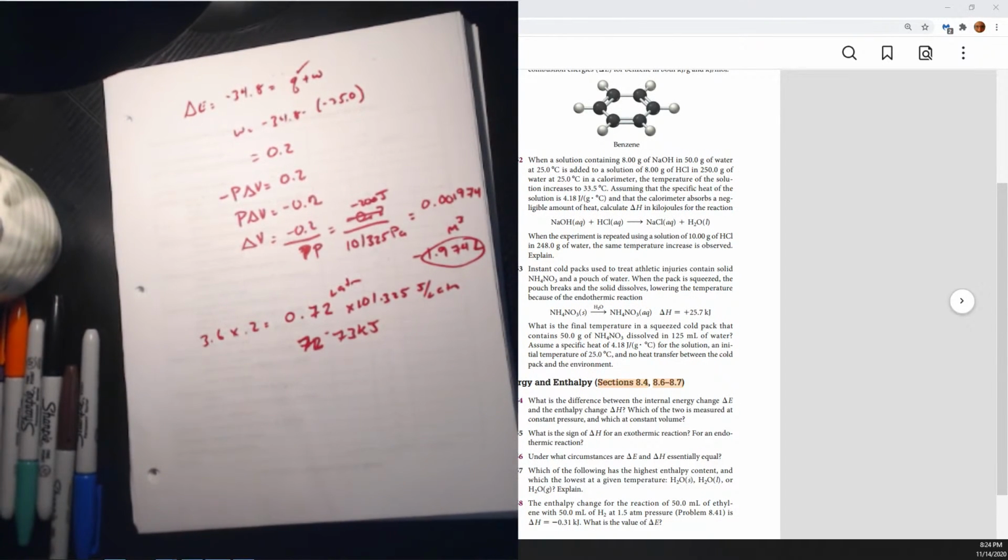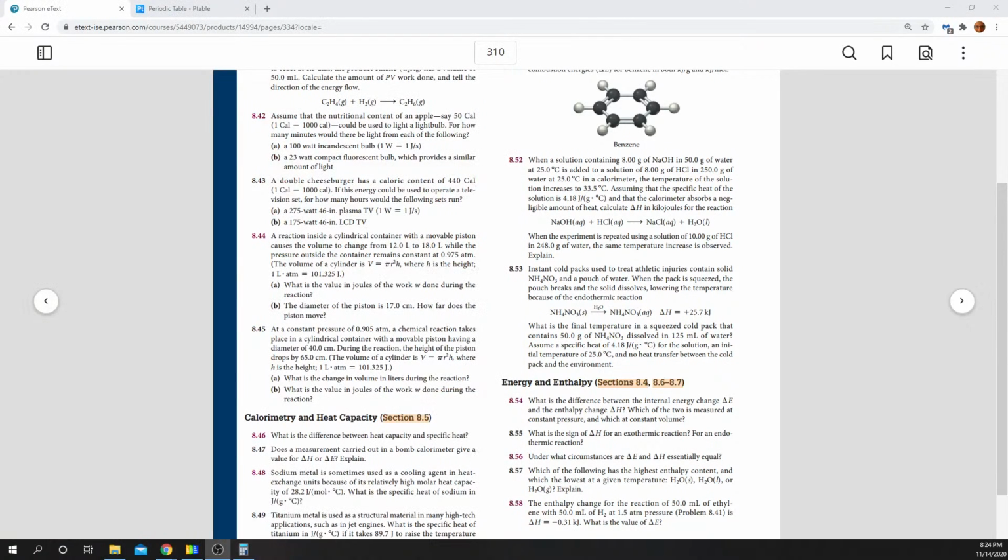A reaction inside a cylindrical container with a movable piston causes the volume to change from 12 to 18, while the pressure outside remains constant at 0.975 atmospheres. What is the value in joules of the work done during the reaction?